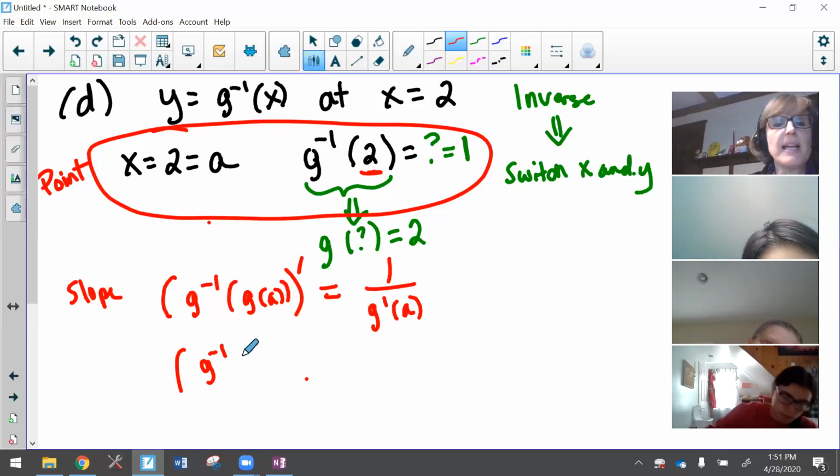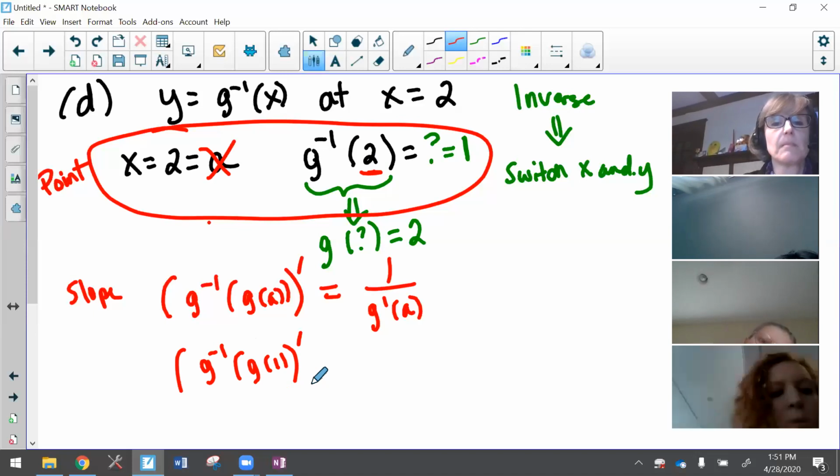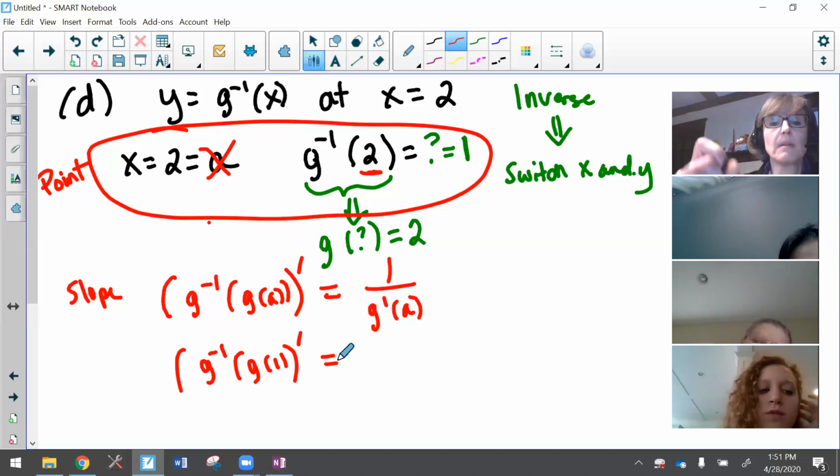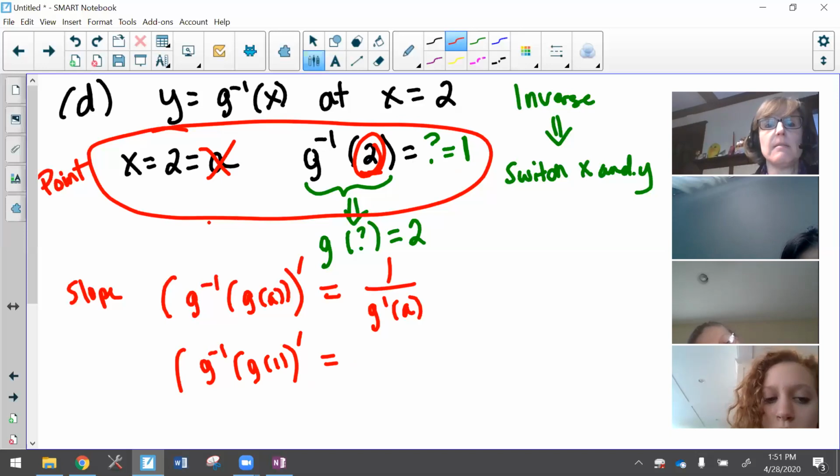But that should not be the A. That should really be g prime, g of 1, one instead of 2, because this is g of 1.